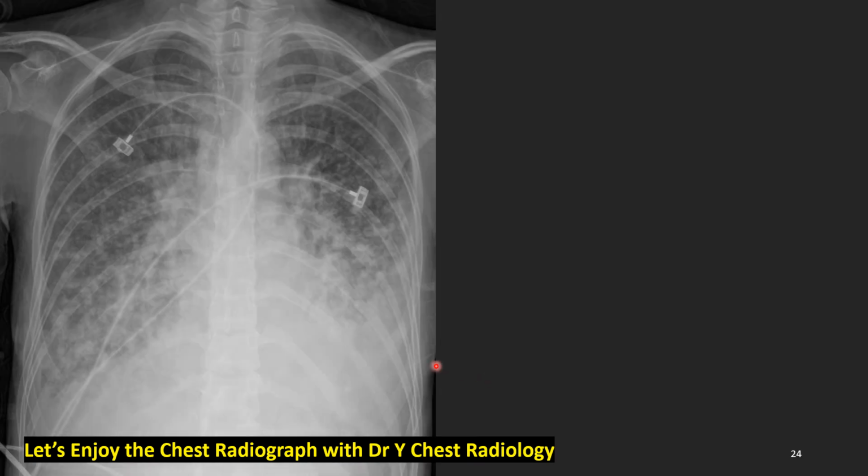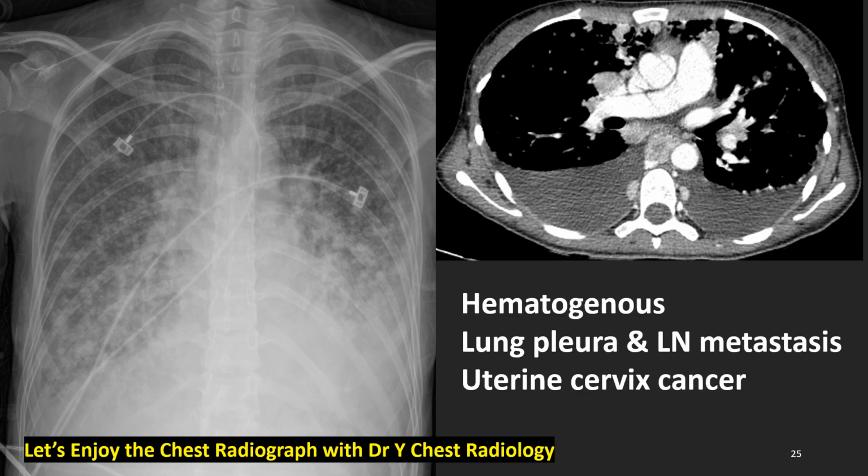What about this chest radiograph? Yes, a supine film. Many, innumerable micronodules and small nodules, bigger on the lower lung zone, and bilateral pleural effusion: hematogenous metastasis. This is axial contrast-enhanced CT of this patient. Hematogenous metastasis everywhere, small variable-sized round nodules, bilateral.